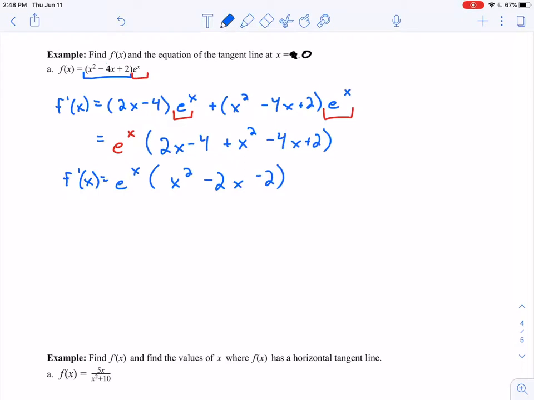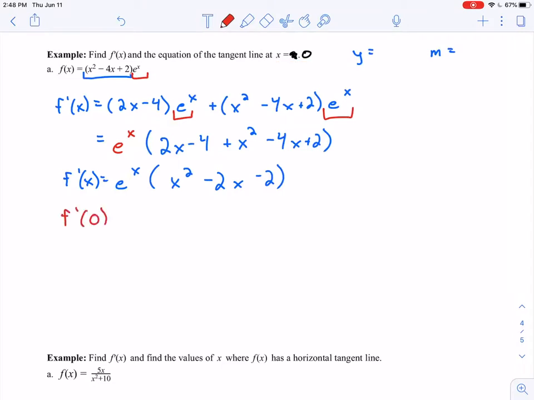Now I need to find the equation of the tangent line. Just like every other equation of the tangent line problem, I need an x value, I need a y value, I need a slope. We just did all this work to find the derivative, so let's use that to find the slope of the tangent line. I'm going to take my x value of 0 and plug that into my derivative.